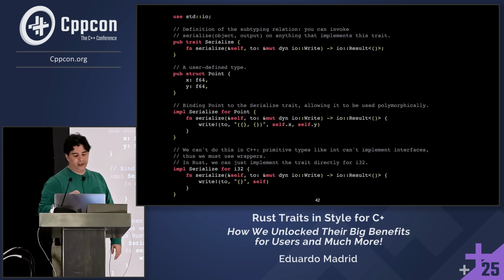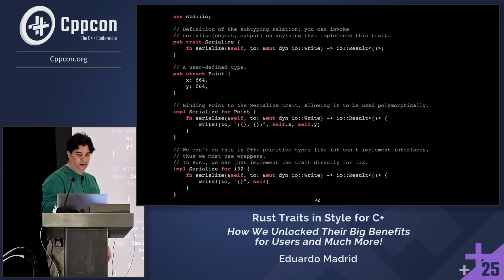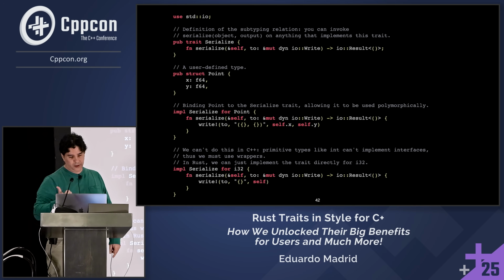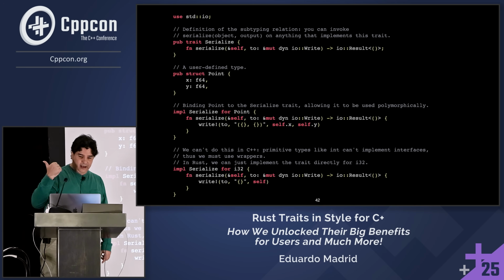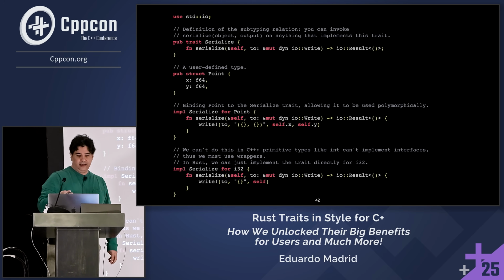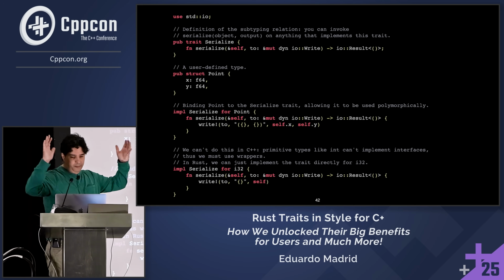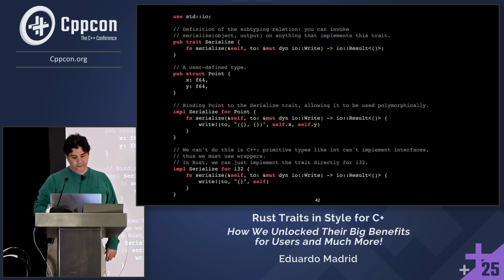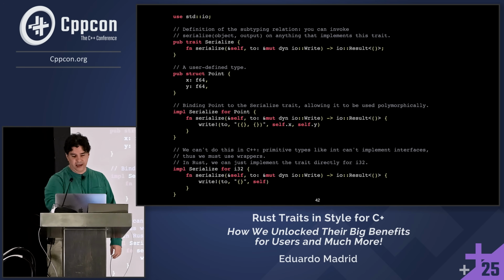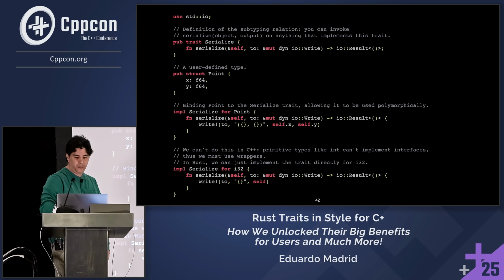And if we want to see a more robust example, this is compilable Rust, I believe. And we are defining a user type called Point. And we are making it so that it's going to print within parentheses and a comma. And we keep the Serialize for integers that we showed a moment ago.